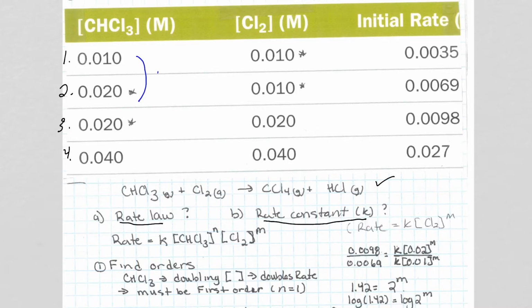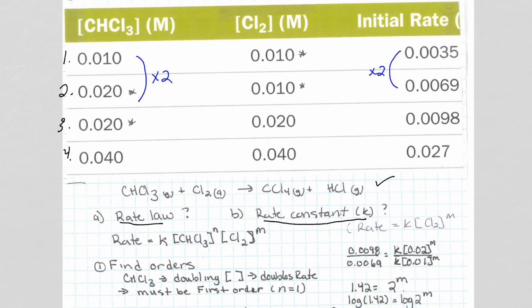So what I've done here is I've doubled the concentration. So let's see what the rate response is. So the rate response went from 0.0035 to 0.0069. So what we can look at just by observing this is it's basically doubled as well, right? So doubling would be 0.007. So essentially, this has also gone up by twice.